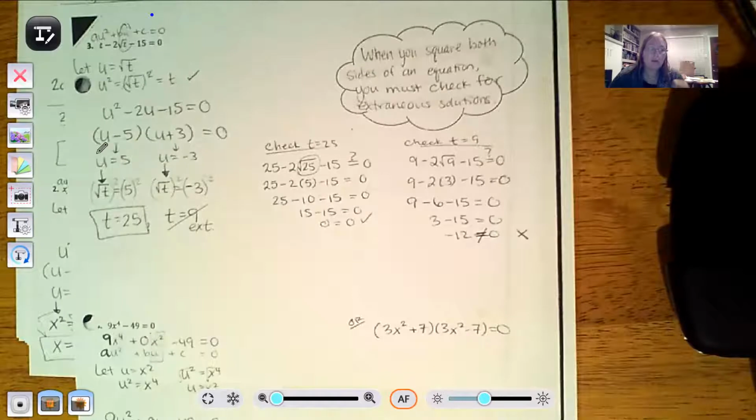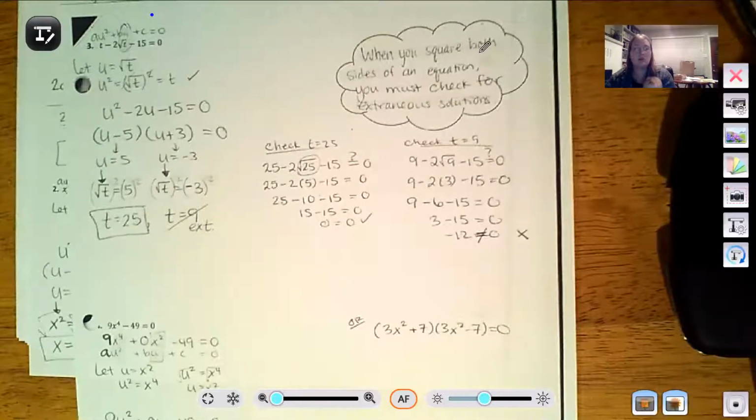So this factors like that. u could be 5, u could be negative 3 when you solve it. But again, we're not trying to solve for u, we're trying to solve for t. So we back substitute that u is the square root of t. When you square, you need to check for extraneous solutions. That was from a prior lesson on the square root method, 8.1, I believe.